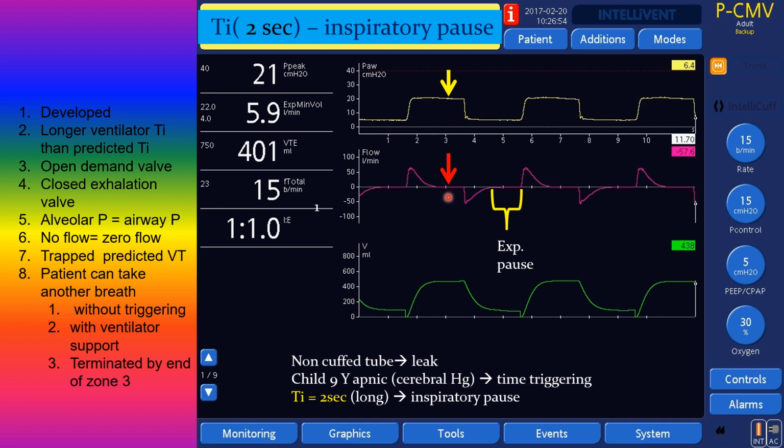At the same time, according to the drop in the alveolar pressure, the flow will increase to maintain this airway pressure constant, and these two cycles will be terminated by closure of the demand valve at the end of the preset inspiratory time, and the exhalation valve will open for the exhalation of the two cycles.